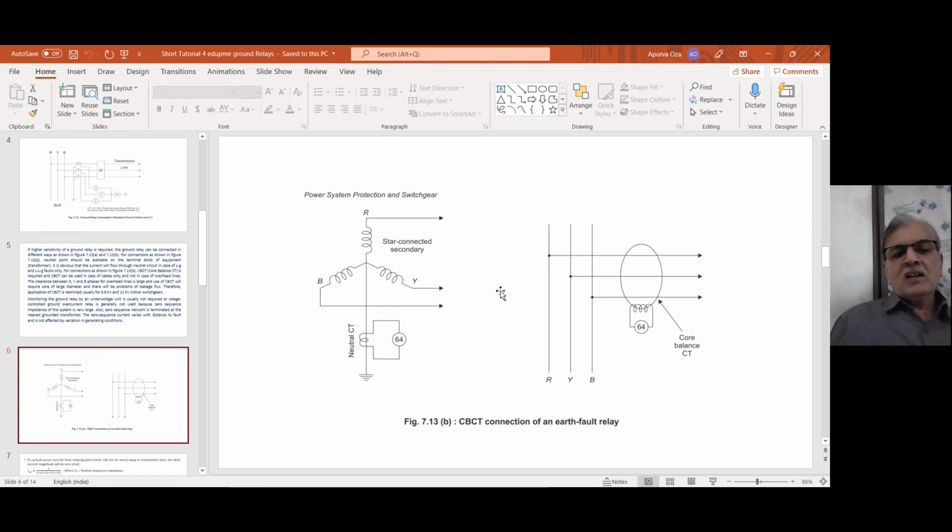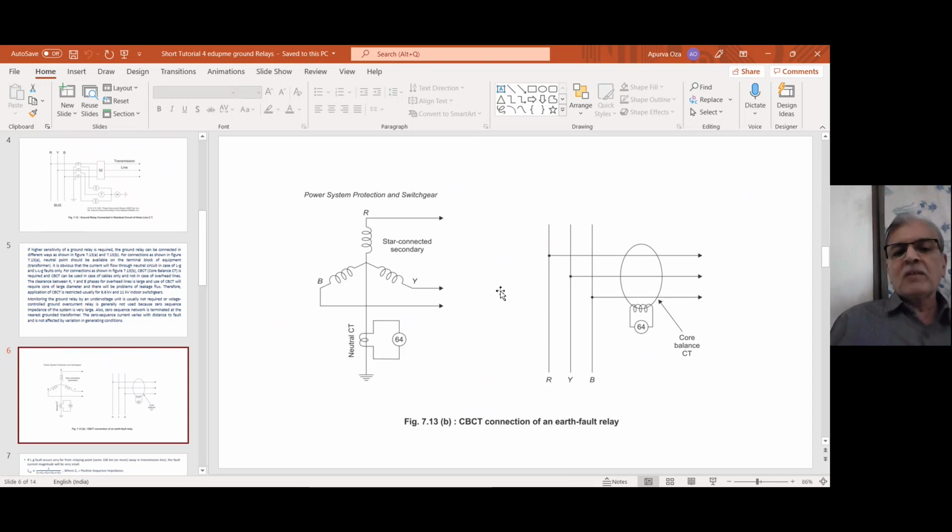That is, I have got secondary of a transformer, which is star connected, and ground point is available to me. So that is very necessary that neutral point has to be available on terminal plate.